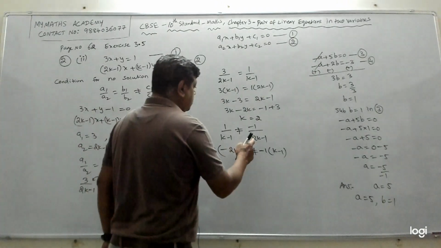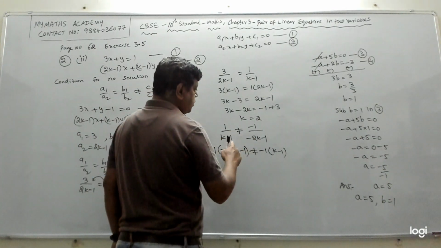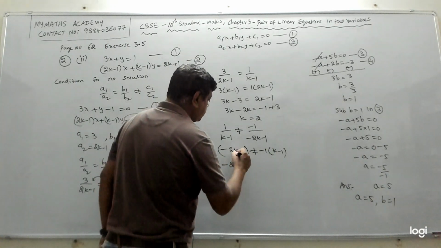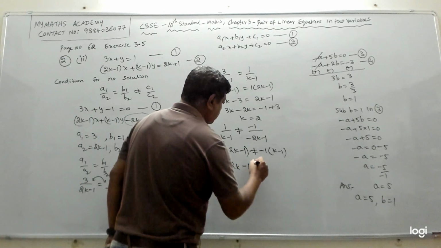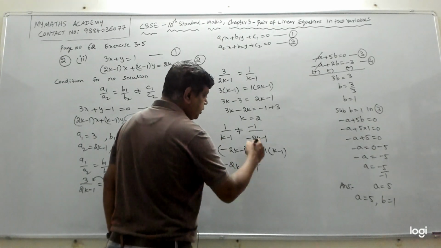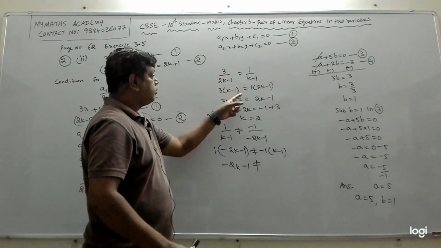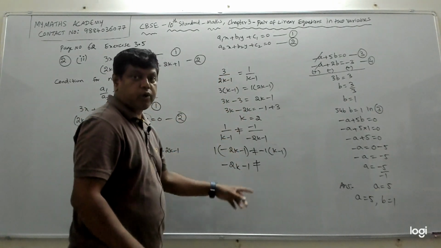So this into this, not equal to this into this. So 1 into minus 2k is minus 2k, 1 into minus 1 is minus 1, not equal to. You should keep on putting not equal to, like how we put equal to here.